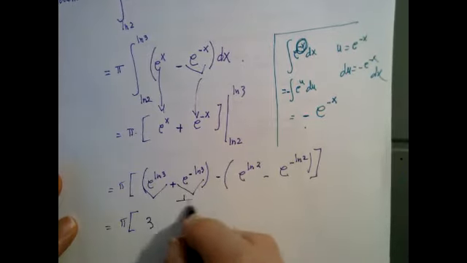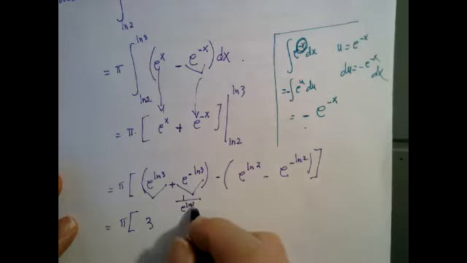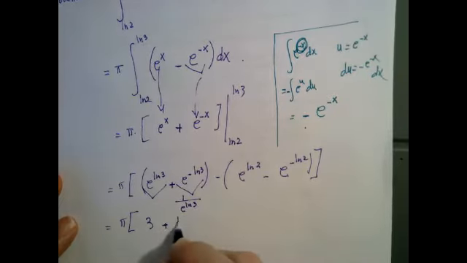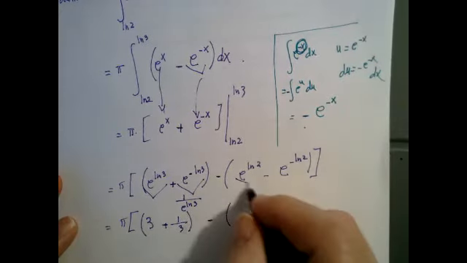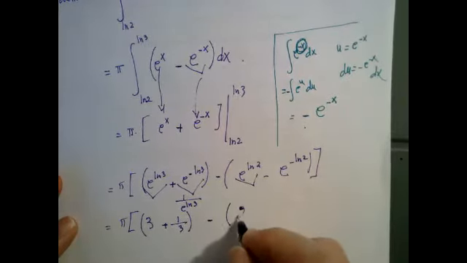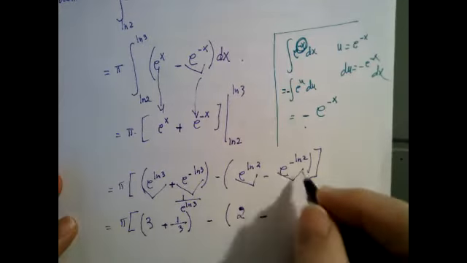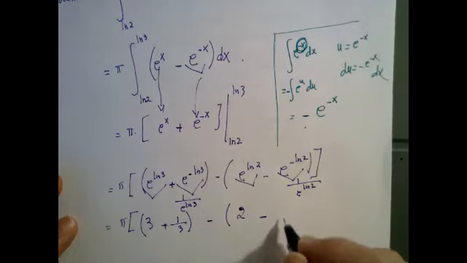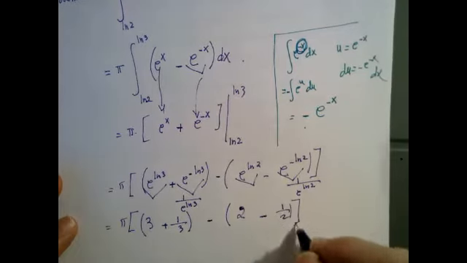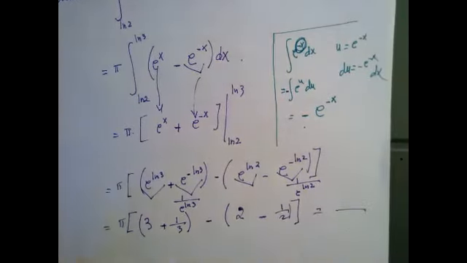This is 1 over e to the ln of 3. It means plus a third. Minus e to the ln of 2 is 2. This is 1 over e to the ln of 2. It means minus a half. The rest is fairly simple. Question.